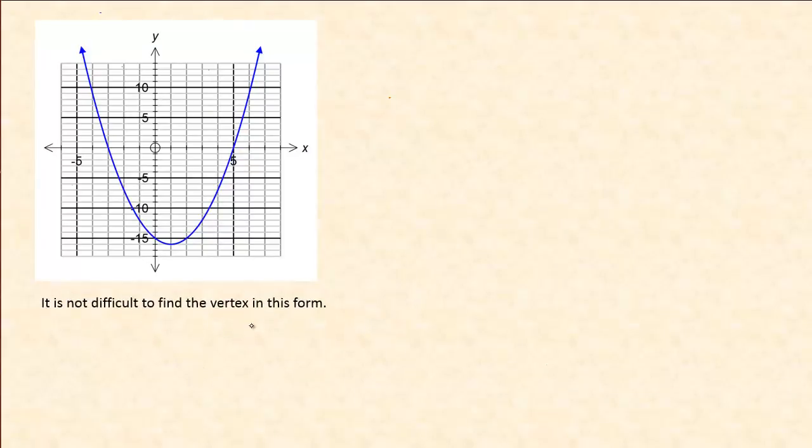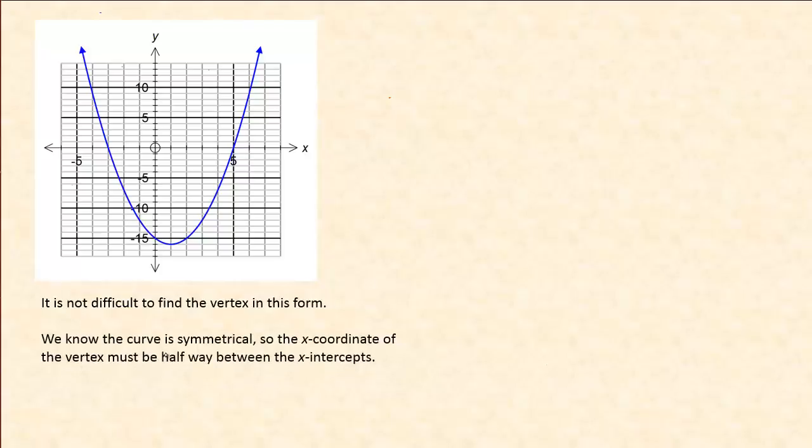It's not difficult to find the vertex in this form. We know the curve is symmetrical, so the x-coordinate of the vertex must be halfway between the x-intercepts.